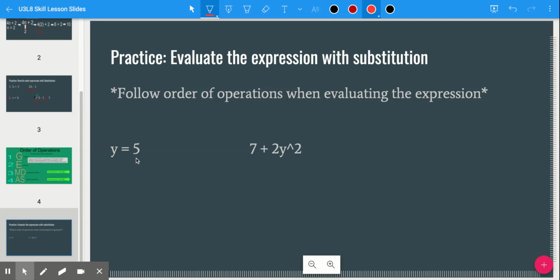Okay, so if y equals 5, let's do my substitution first. So I'm going to go ahead and rewrite the problem. Remember, this is the same thing as y squared. Let me see that caret. So I have 7 plus 2, and then I have my y where I'm going to substitute 5.